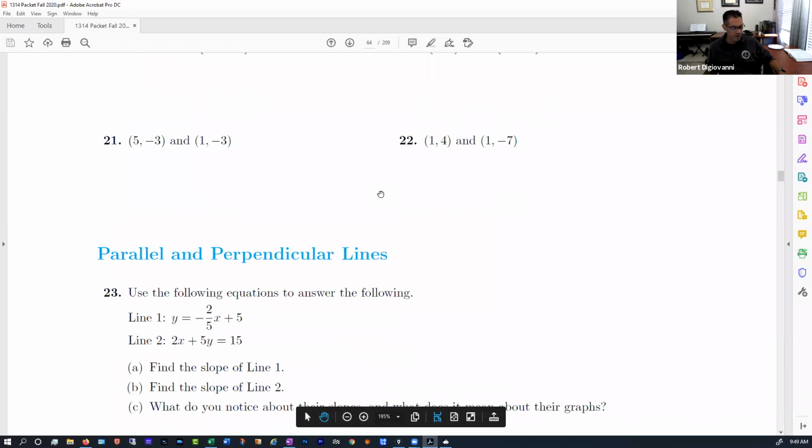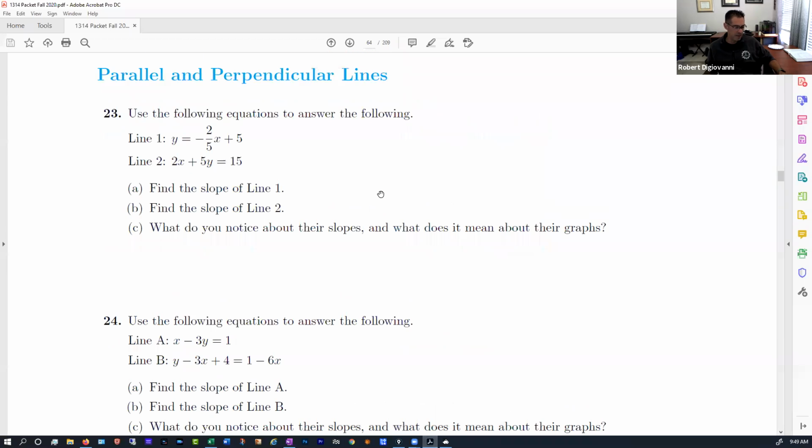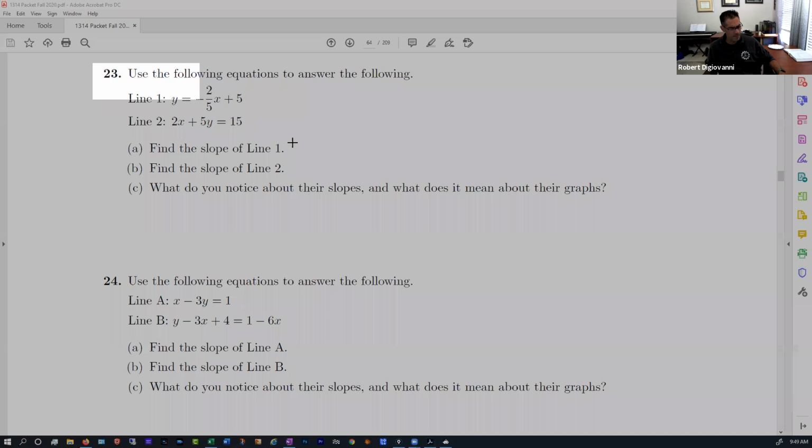Okay. So now let's talk about the parallel and perpendicular, which is picking up from last time. So we'll just do this number 23. I think this is a good problem to start with.